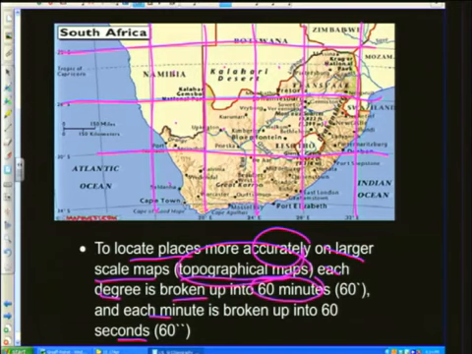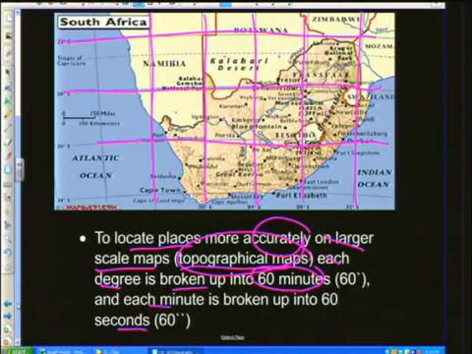Note the following. When we refer to 60 minutes, we're referring to the distance between any two lines of latitude or longitude. In this example, note each block that divides the northern and southern hemisphere or the eastern and western hemisphere has a distance of what we refer to as 60 minutes.